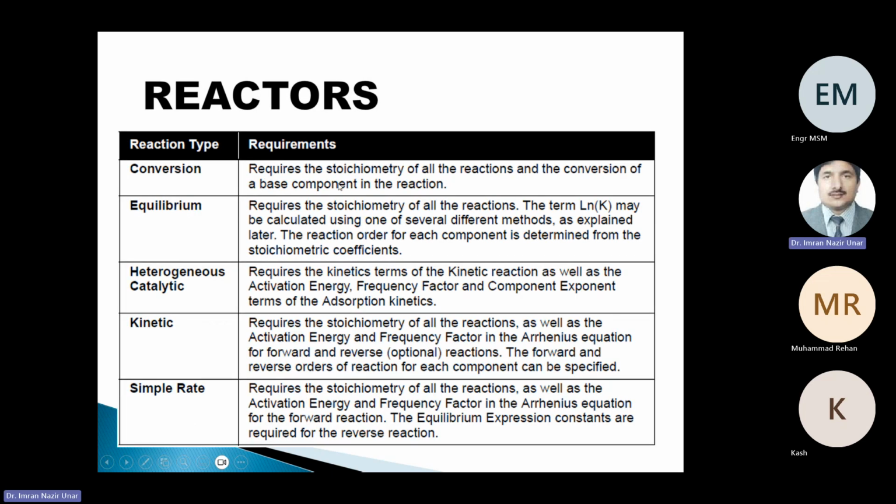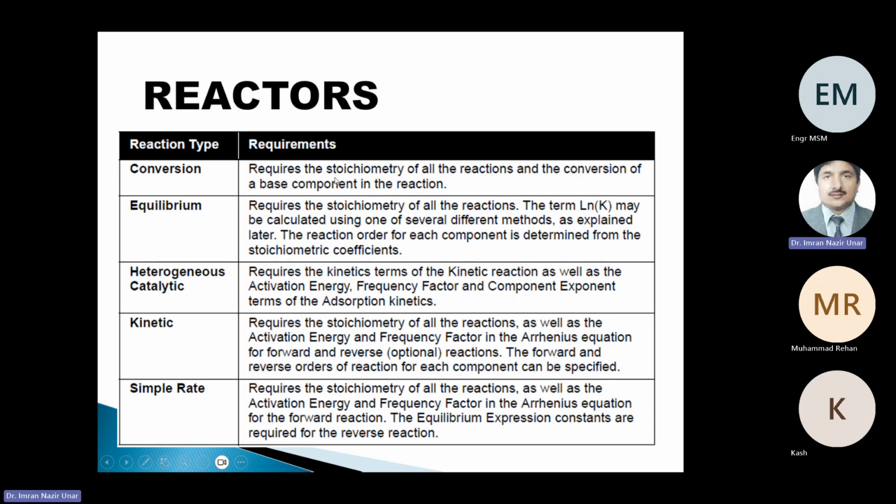Now, this slide tells us what types of reactions there are and what their basic requirements are. A very simple type of reaction is the conversion reaction. Conversion reaction requires the stoichiometry. When the text says any reaction requires stoichiometry, it means you must have a balanced chemical reaction in hand, in which you have the information of reactants and products and their proper stoichiometric coefficients.